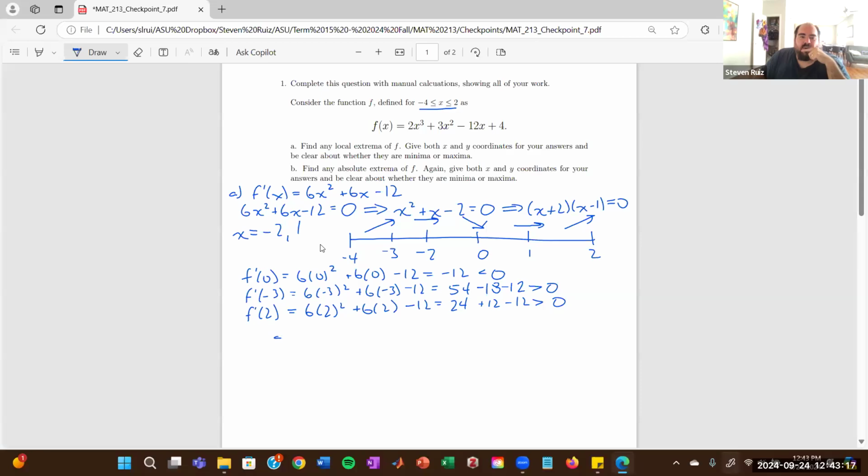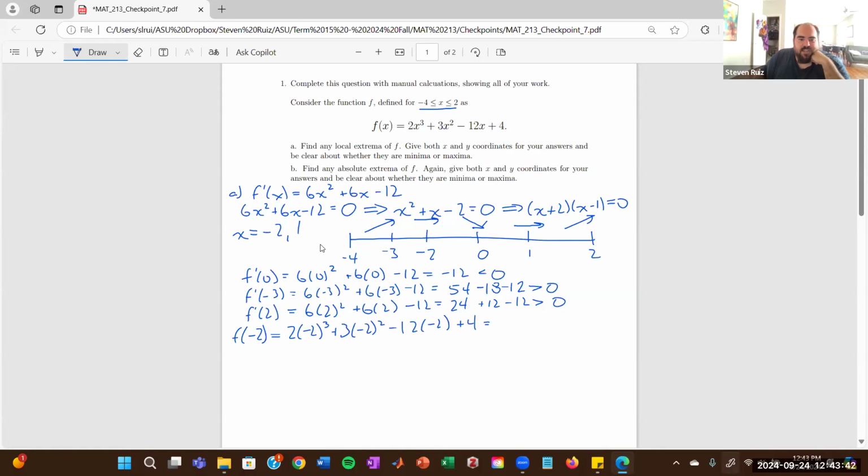So one more thing before we go. So I specified here, I want X and Y coordinates for my answers. So let's find f of -2. F of -2 is equal to 2 times -2 to the third plus 3 times -2 squared minus 12 times -2 plus 4.